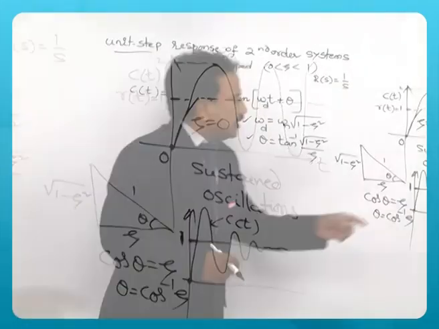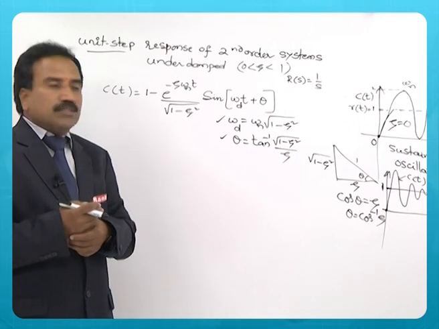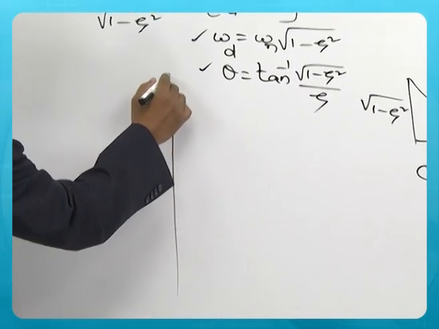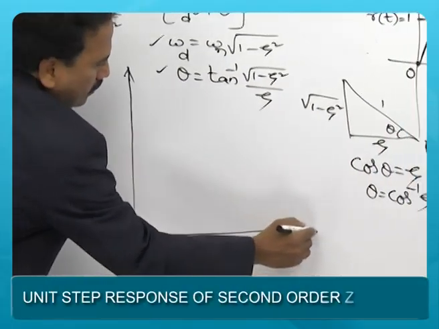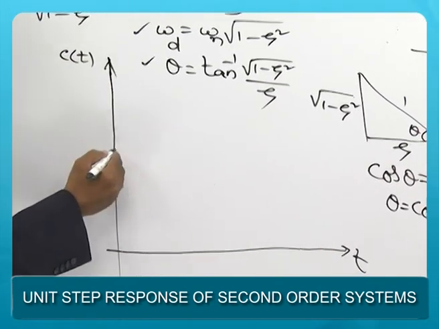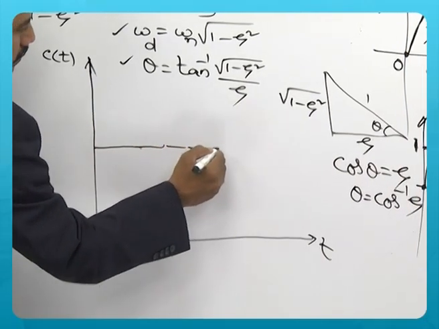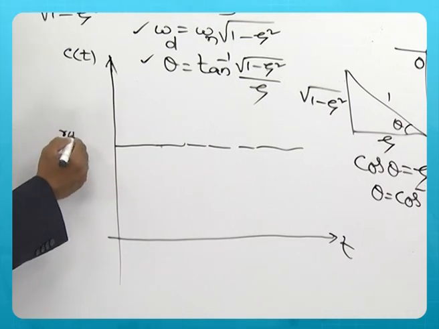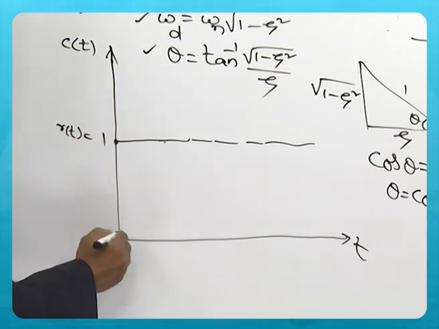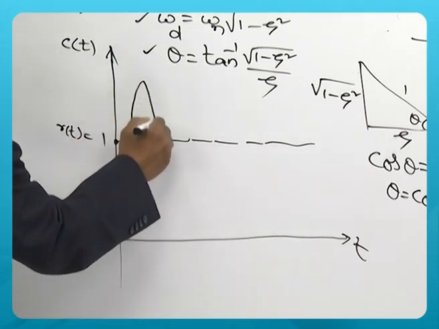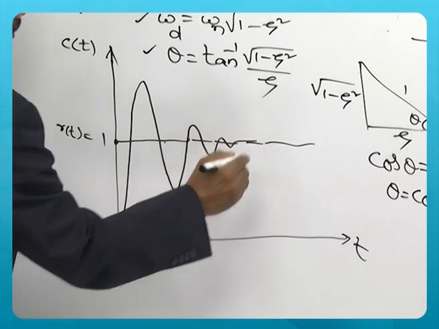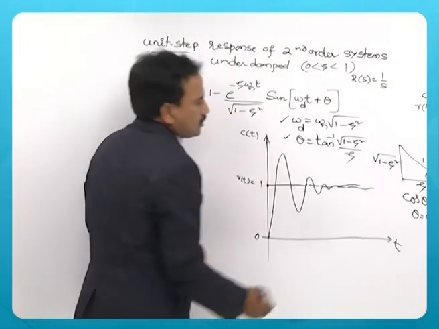Now, let us take this signal and define the time domain specifications. Say input is again R of t, it is unit step signal 1, and then the response will be like this.